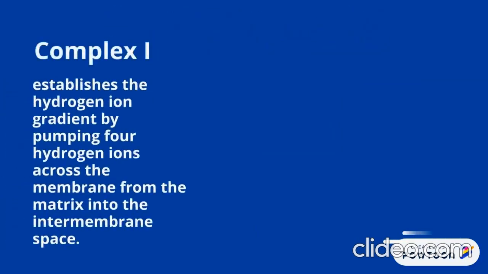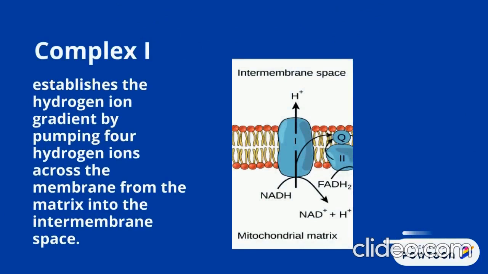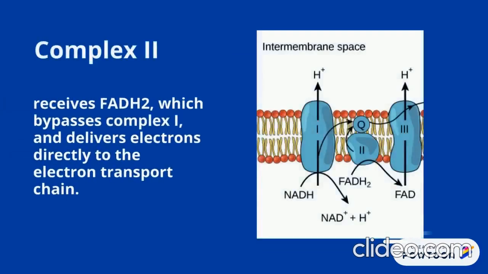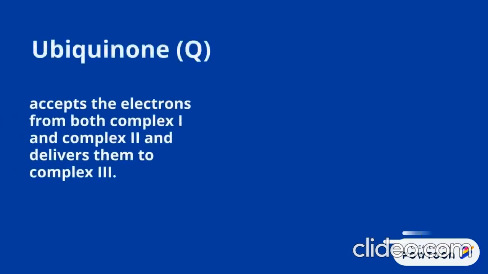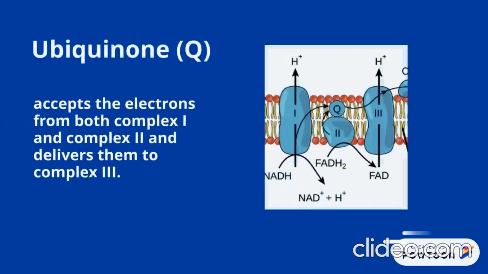Complex 1 establishes the hydrogen ion gradient by pumping 4 hydrogen ions across the membrane from the matrix into the intermembrane space. Complex 2 receives FADH2, which bypasses complex 1 and delivers electrons directly to the electron transport chain. Ubiquinone, or Q, accepts the electrons from both complex 1 and complex 2 and delivers them to complex 3.